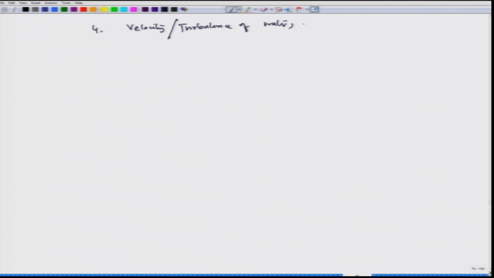Then if there are other effects like dirt, foreign material, that information cannot be obtained from the Pourbaix diagram.